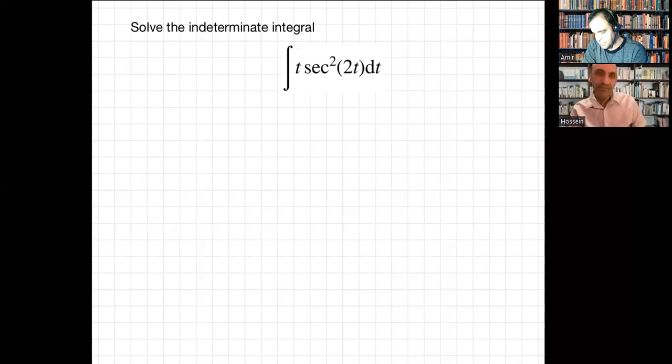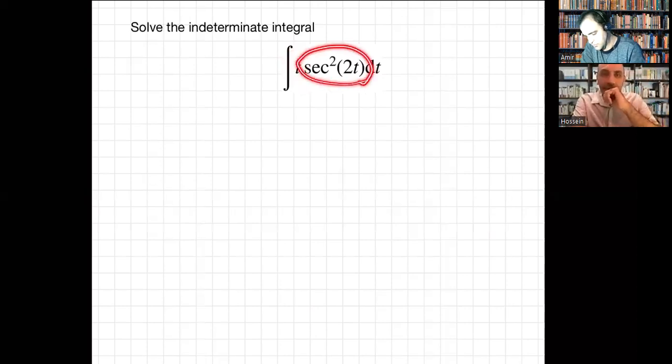Here, I believe similar to the last problem already solved, we have two functions multiplied by each other. Here we have a function of t, and the other one is secant squared of 2t.